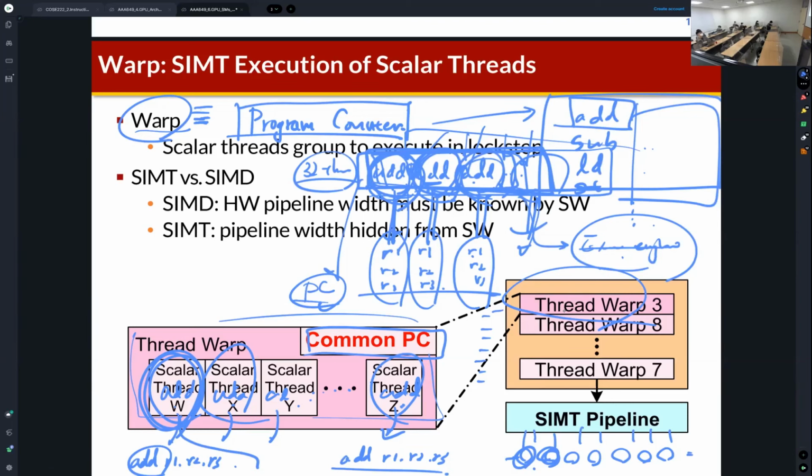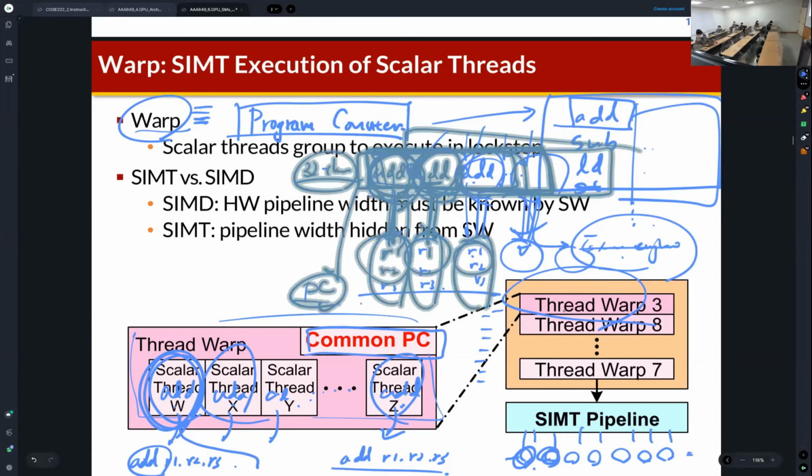There are multiple CUDA cores, and they can execute the same instruction on different data. So this is the warp.